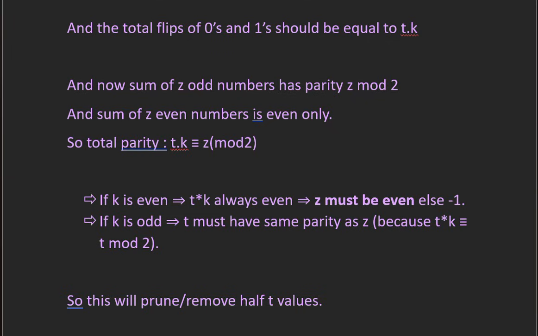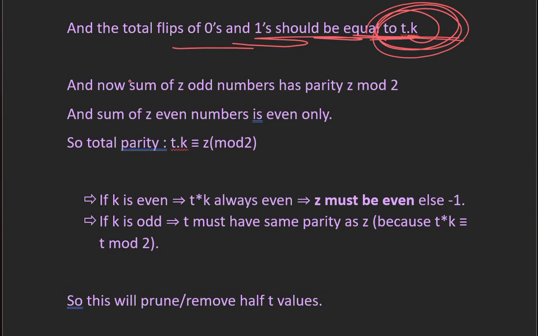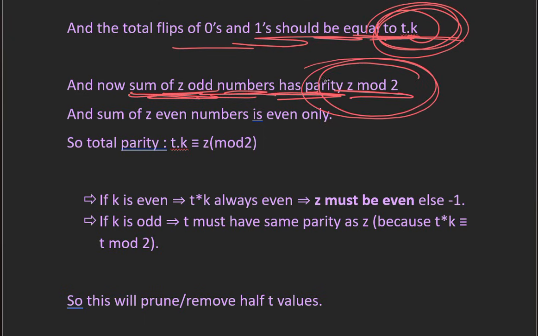And the total flips of zeros and ones should be equal to the total flips, that is t into k. Now the sum of z odd numbers has parity z mod 2, right? Suppose we add z different odd numbers, then we don't know whether they will be even or odd.